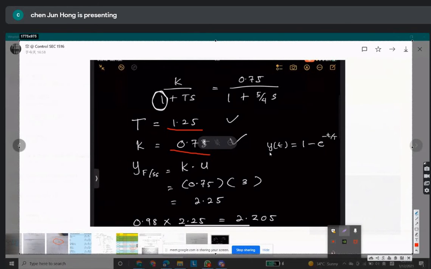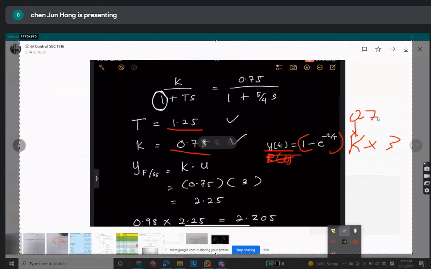Yes. So YT over RT equal to 1 minus darab dengan K kan? Itu formula. So RT dia bagi 3 kan? So kami darab dengan 3. So ini cancel. So I sub value ni jadi 0.75. And then itu T jadi 1.25, right?